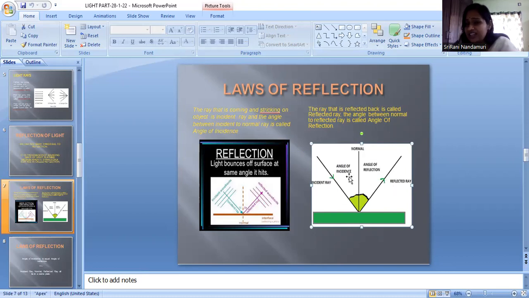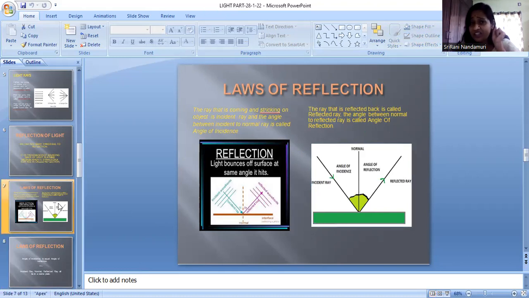Just remember the words: incidence, incident ray; reflection, reflected ray. Angle of reflection means normal to the reflected ray. Angle of incidence means normal to the incident ray. Understood, children? Clearly the concept of reflection: the incident ray, the reflected ray, the angle of incidence and the angle of reflection.